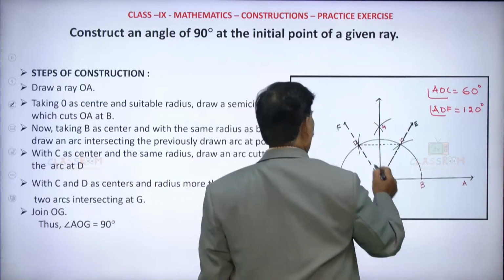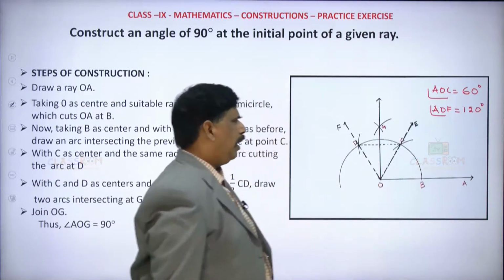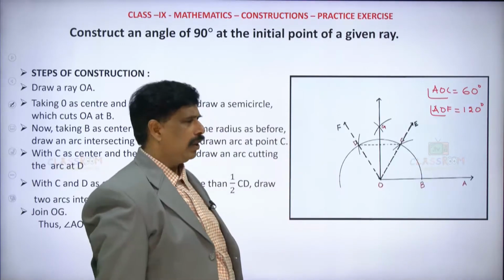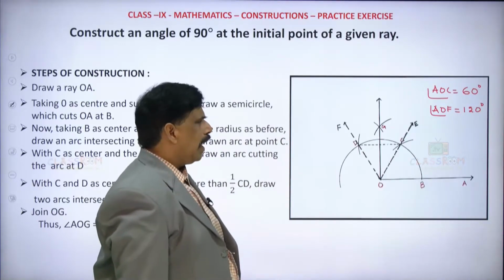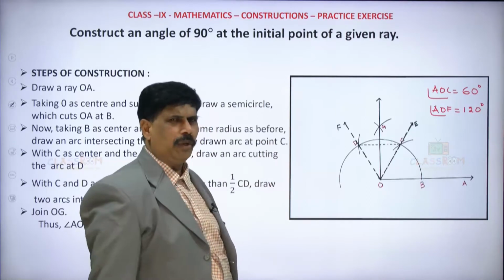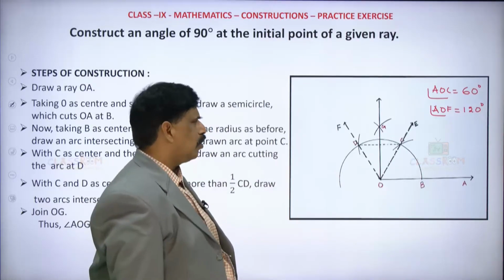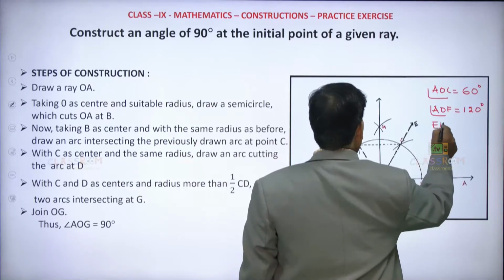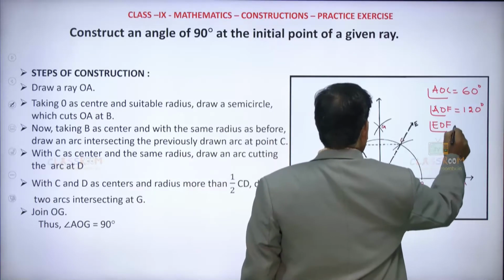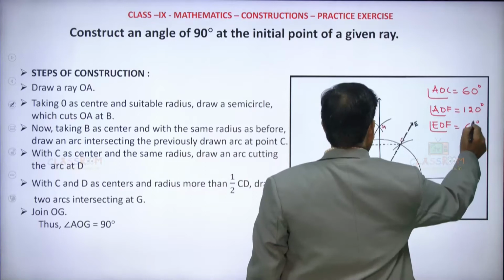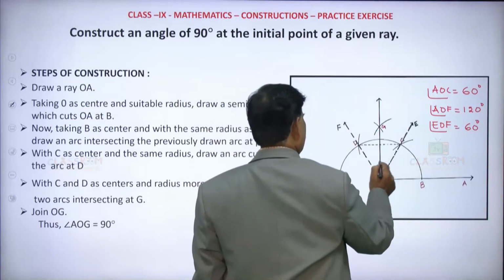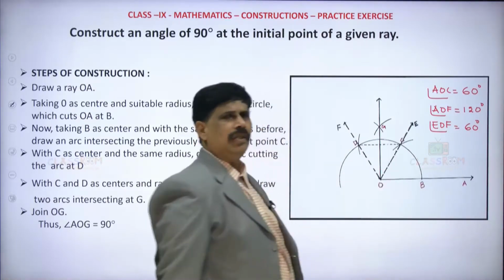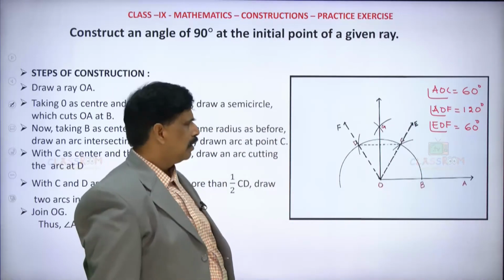Now, if angle AOC and angle COE are both 60 and this is 120, then what will be angle EOF? That will be another 60, because this is 60 and this is 60. 60 plus 60 is 120 degrees.